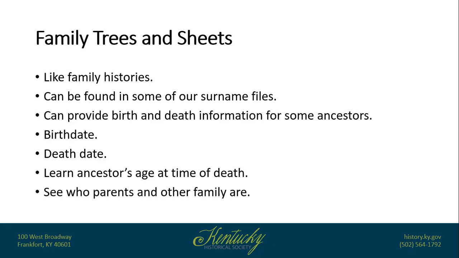And we do have some of these in our surname files, and they can provide birth and death information for some ancestors. You might learn a birth date and a death date. You might, by looking at these dates, figure out the ancestor's age at the time of death. And then, typically you can see who parents and siblings are based on the charts.